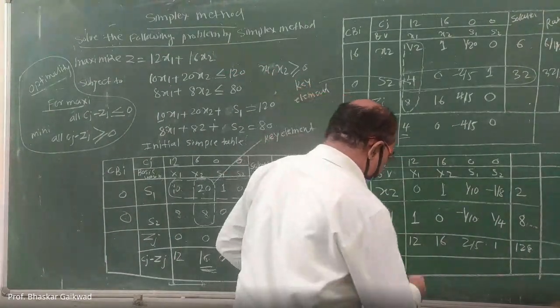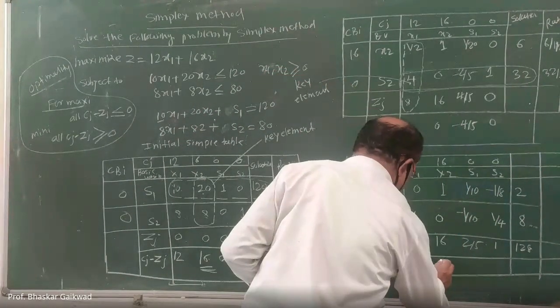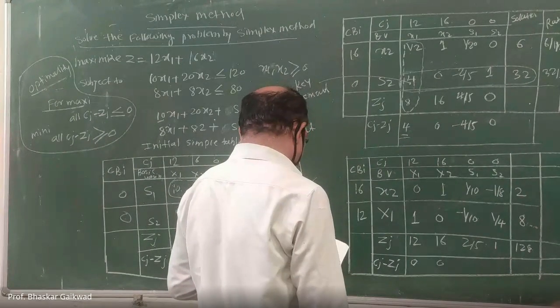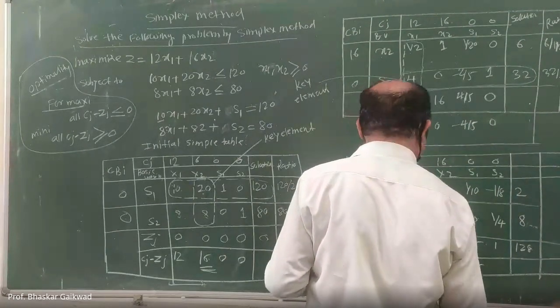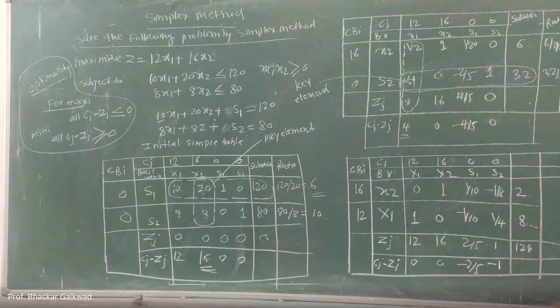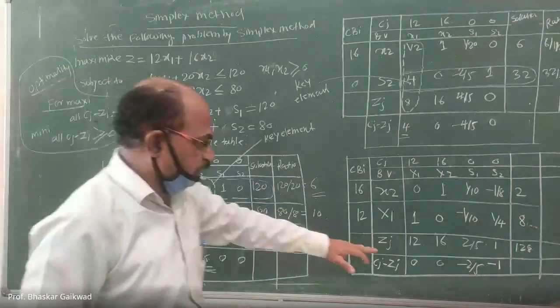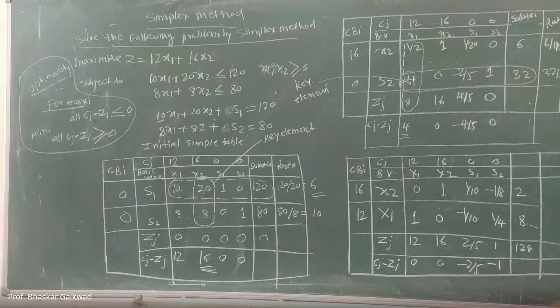Minus 12, then 16 minus 16, and here minus 2 by 2. So see the value of Cj minus Zj, that is 0 and minus. That means this condition satisfies. Okay. So this is the optimum solution.